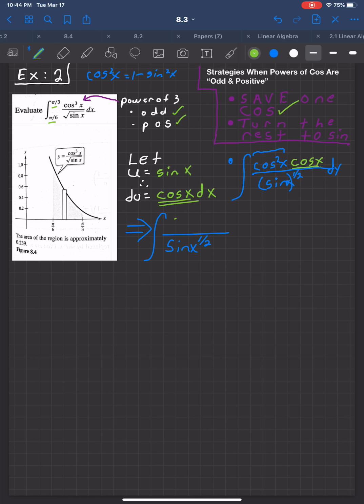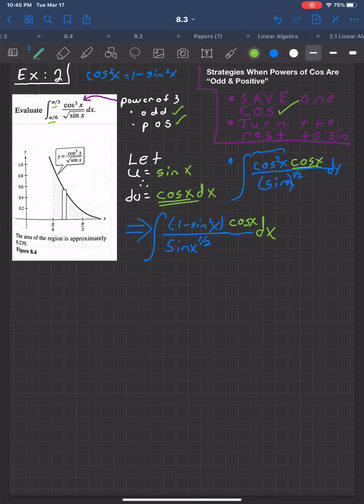So now I have 1 minus sine squared, and I'm going to multiply that by my cosine that I'm saving for a rainy day. Okay. All right.